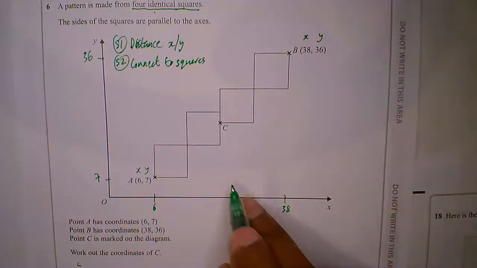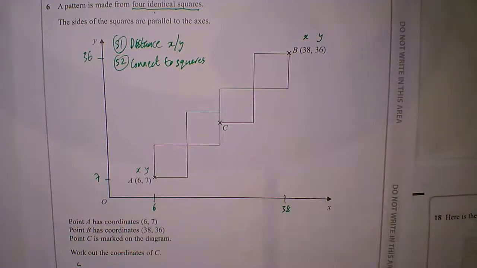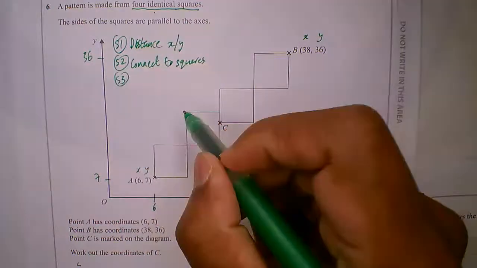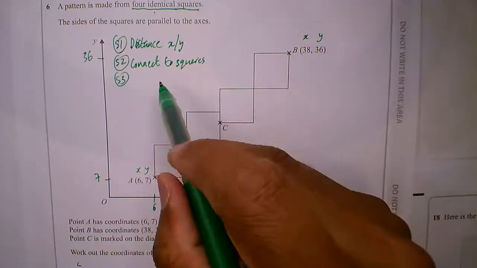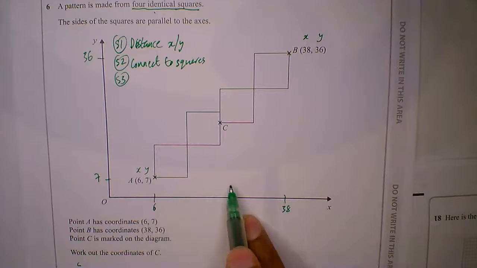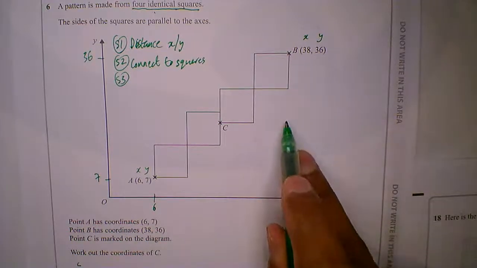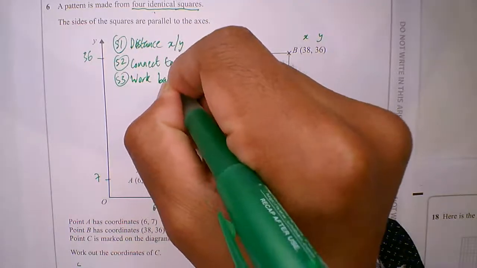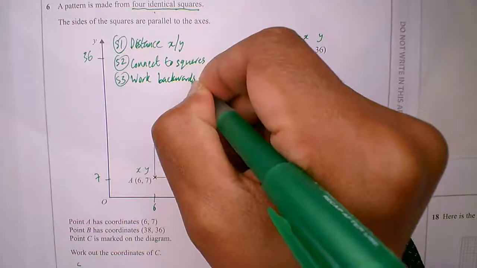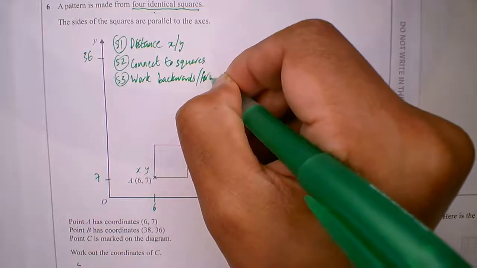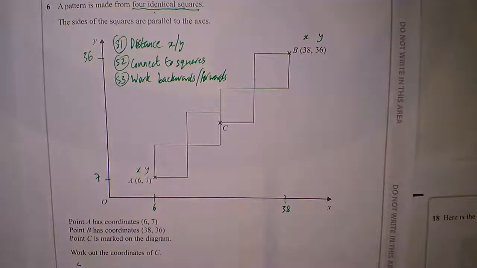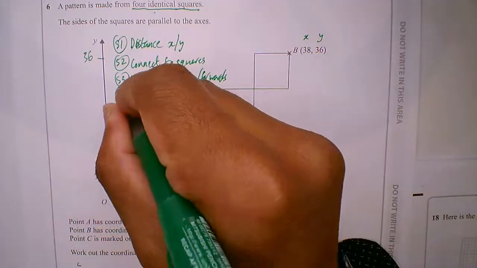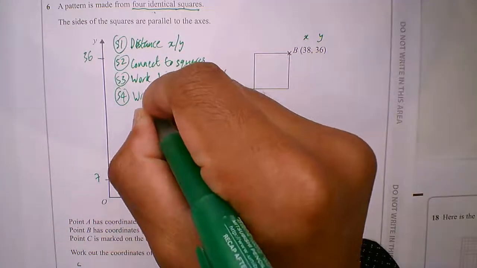Okay, so this axis must be related to these 4 squares. And step 3, I can maybe somehow work backwards or forwards using these coordinates. And then after I've done that, I can then hopefully go towards writing my coordinate.